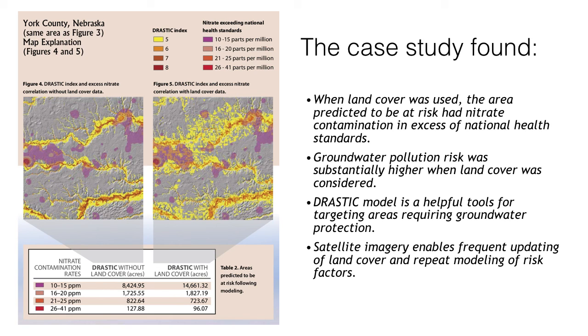Models such as the DRASTIC model, when combined to include land use, can be extremely helpful in targeting areas requiring groundwater protection. Satellite imagery of moderate resolution, such as Landsat ETM+, allows the frequent updating of land use maps and repeat modeling of risk factors.